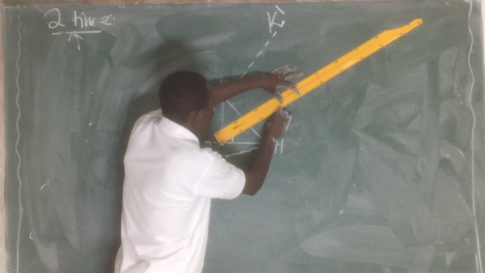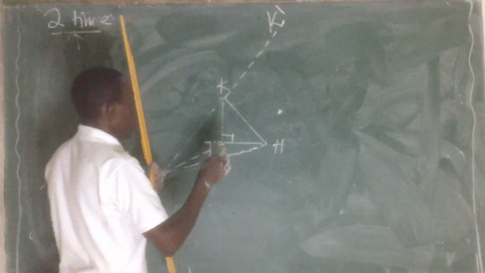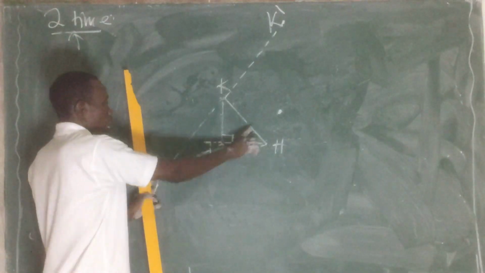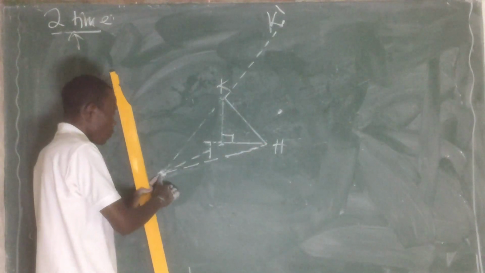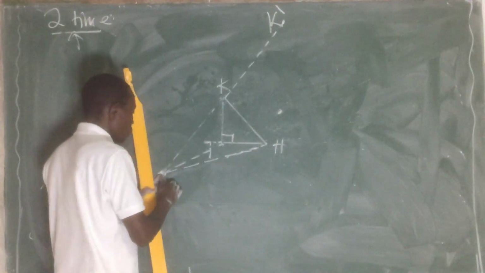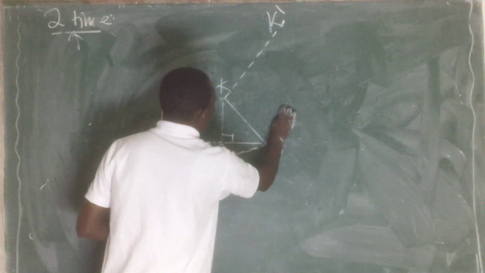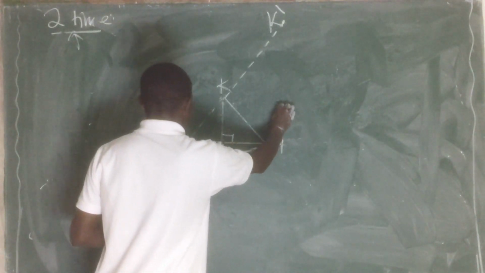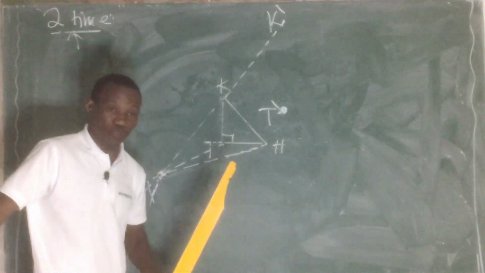You might not be accurate when you measure, but always make sure that the distance from here up to that is twice from here up to that. So this is my new position of point T.